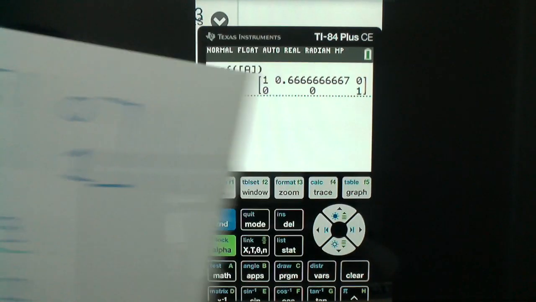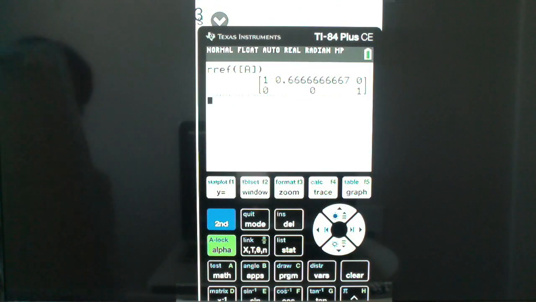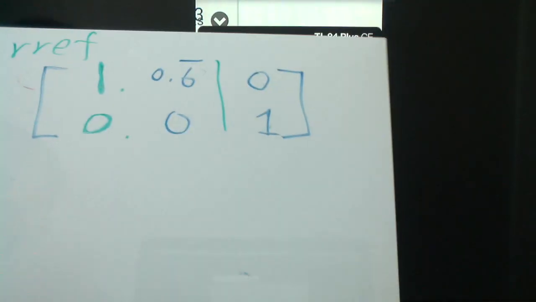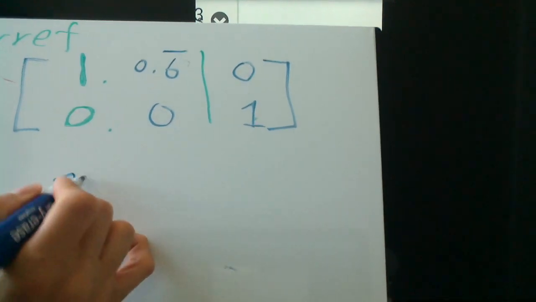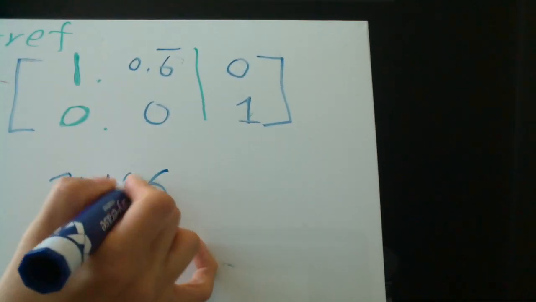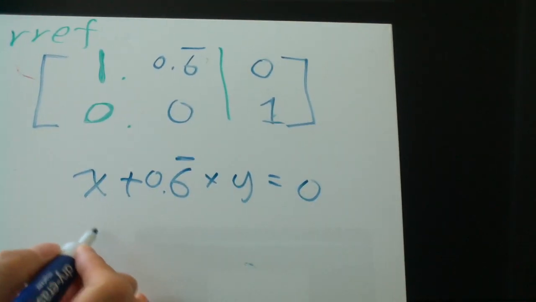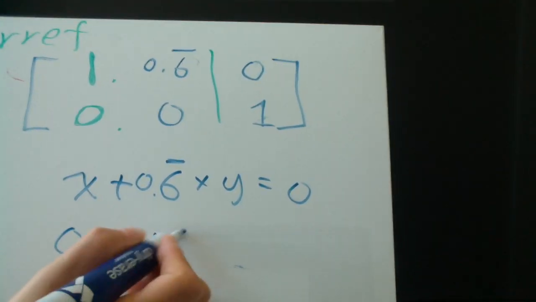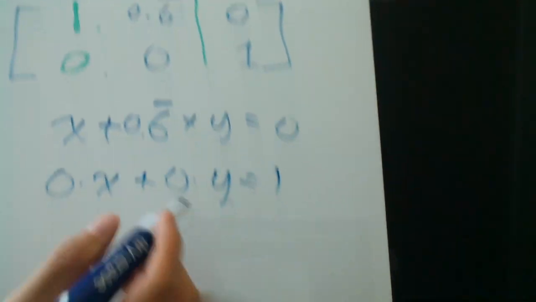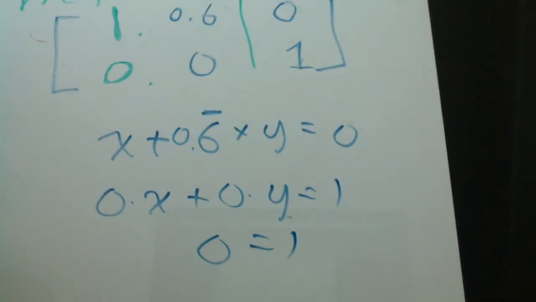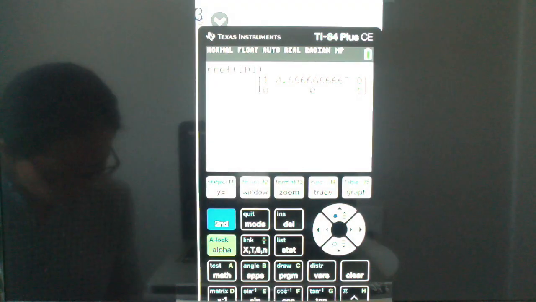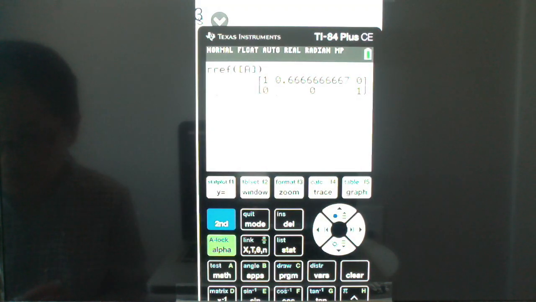This means x plus y is 0 and the bottom is, it means 0 is 1. It doesn't make sense, right? So what you see up here, the answer is no solution. Okay, no solution.